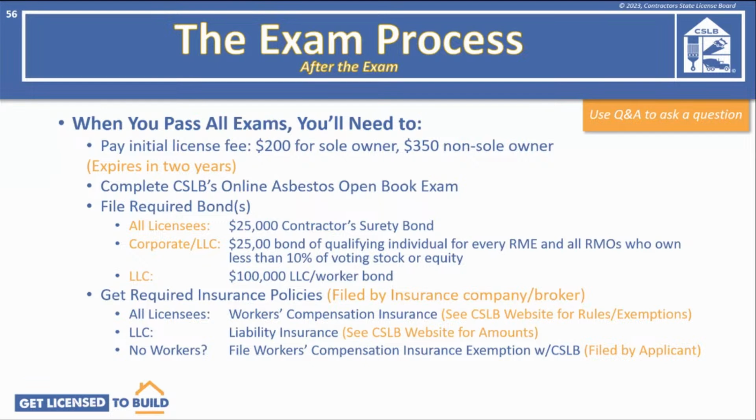If you're going to be an LLC, you'll also need liability insurance. See our website for more information. Please note that your insurance company or broker can submit your insurance information directly to CSLB on our website.